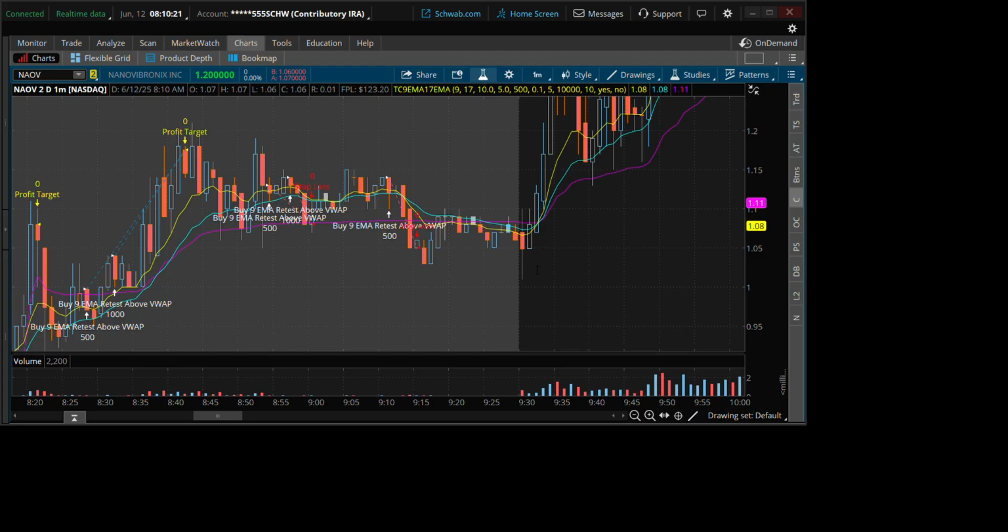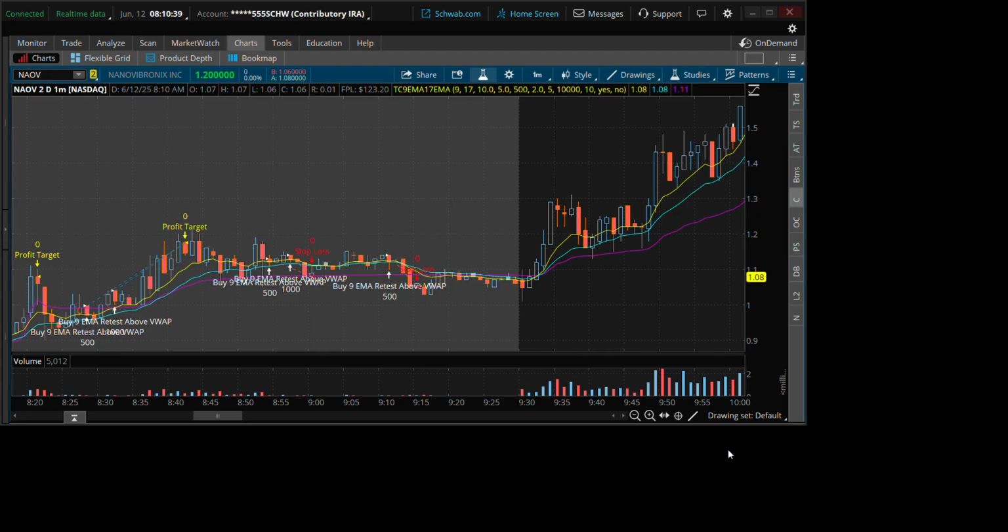The retest range gives it a range of when it puts the buy signal for when price action comes back and retests the EMAs. So you can change this to whatever you want. You can change that to 2. You can hit OK, apply, OK.